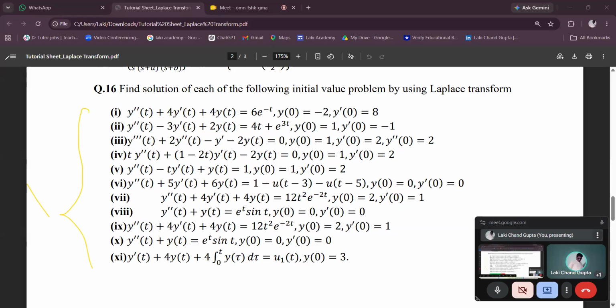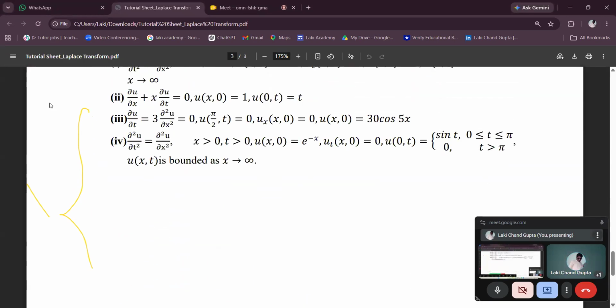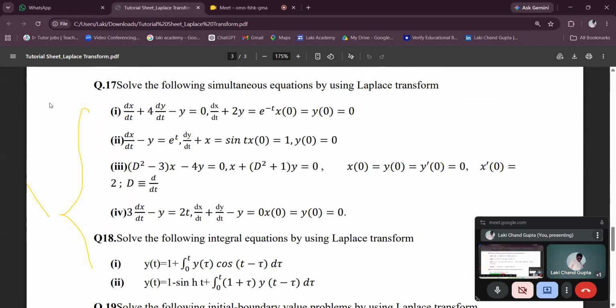Any other question do you want to solve? From 17, anyone? Same. Yes, same thing. Here dy dx means what? X dash t. Okay. Actually 17 and 16 are taken in only one variable.